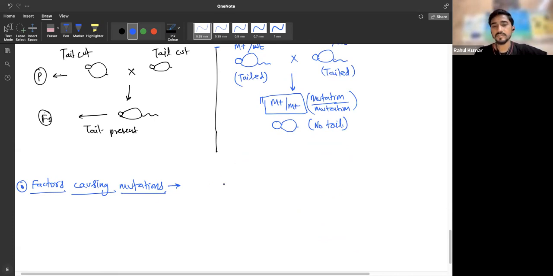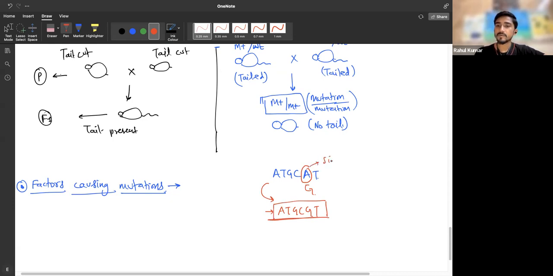Single base mutation is when you have a codon, A, T, G, C, A, T, let's say, and this particular A got converted to, let's say, G. And the code now becomes ATGCGT. This is a mutated sequence. Do you understand? This is called a single base mutation. Is it clear?